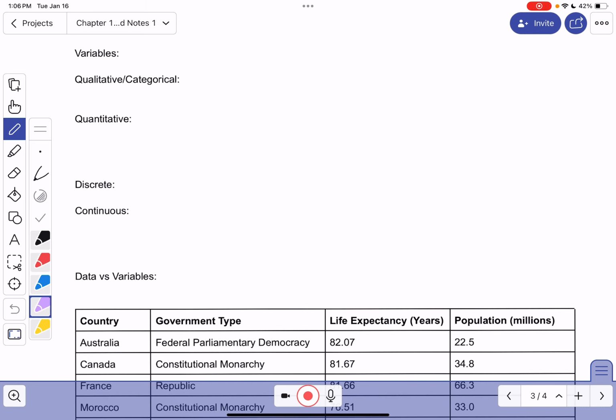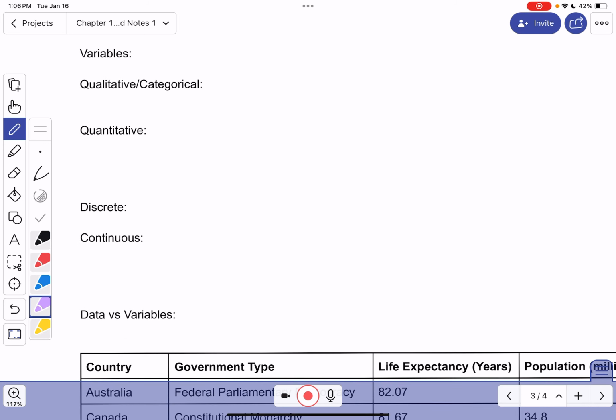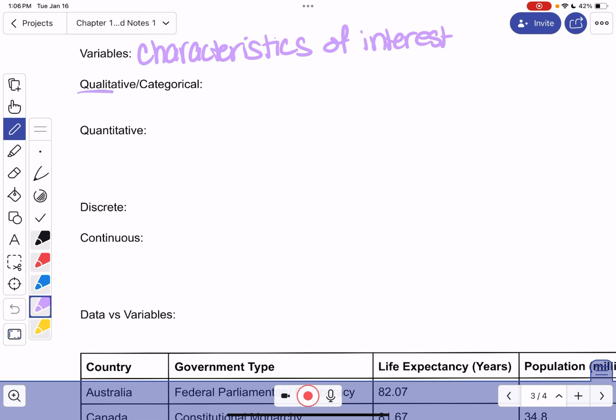If we keep going, variables are the things we're studying. Those are the characteristics of interest. Now, what makes it a variable is that it changes depending on who you ask. So if I ask your favorite color, different people have different favorite colors. It varies. That's what makes it a variable. And there's two ways to categorize those.